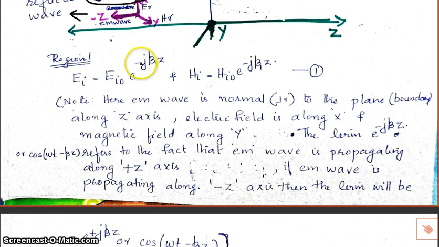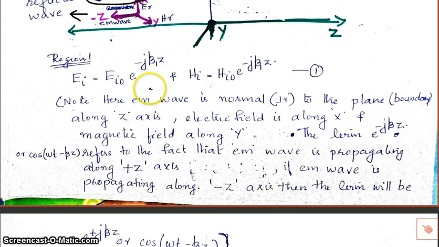One point that you have to keep in mind is, if the electromagnetic wave is propagating along the positive z axis, then this exponential term will be minus, and if the wave is propagating along the minus z axis, then this exponential term will be positive.